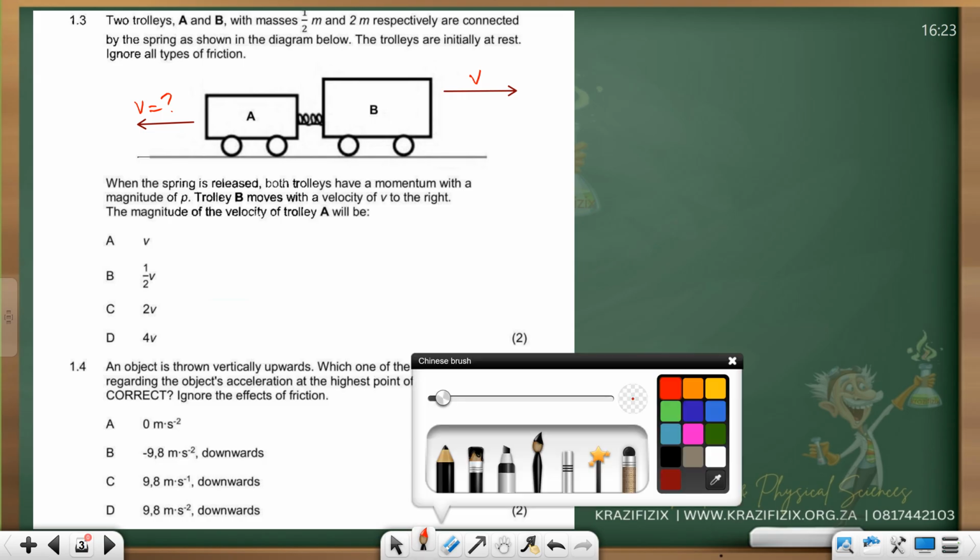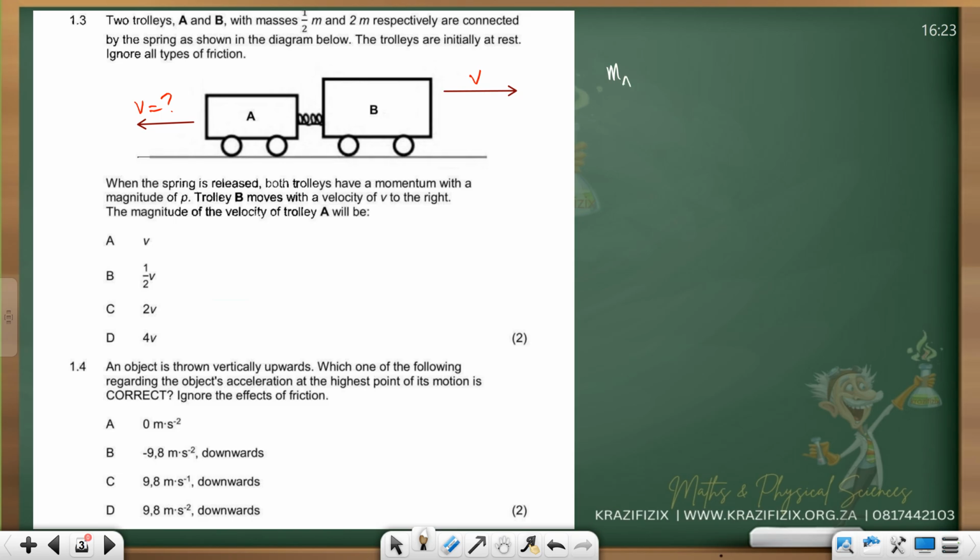Let me show you from scratch. These objects were connected. So if I say mA plus mB, initial velocity is mA vFA plus mB vFB. Okay, masses don't matter from the beginning because this one is 0.